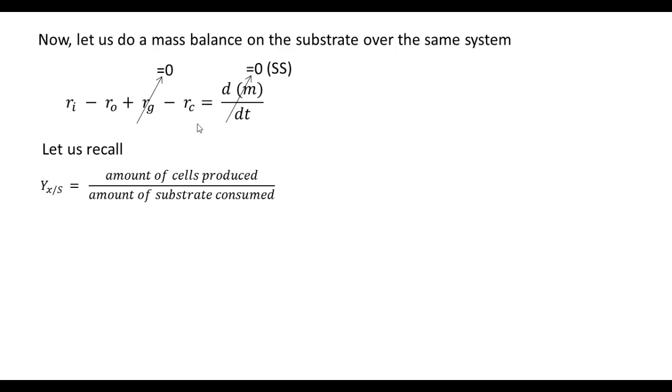Whereas we don't really have a handle on the consumption rate of the substrate, we have a handle on the growth rate of cells. So we are using something to represent the consumption rate of the substrate in terms of the growth rate, and we have already used this in a problem: the yield coefficient Y x/s can do that. Let us see how.